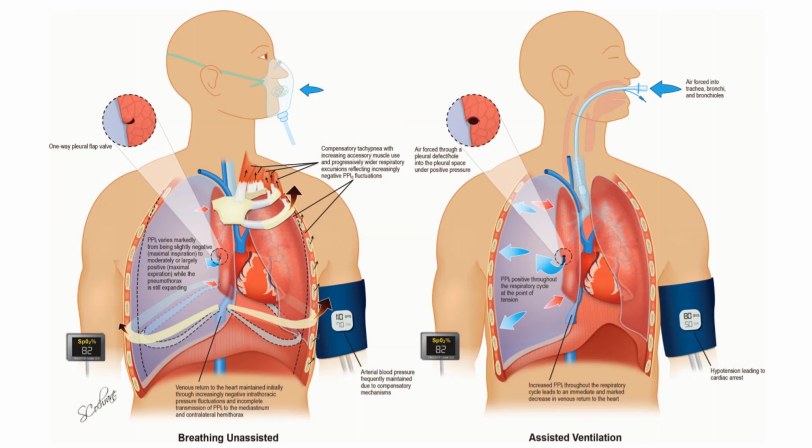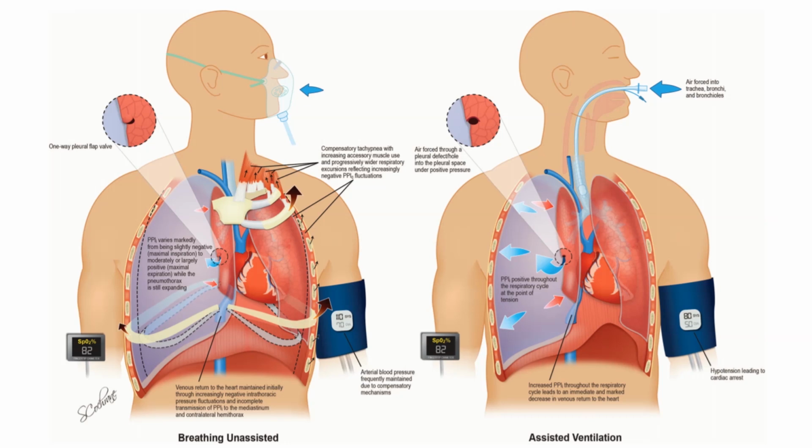If we're talking about a unilateral pneumothorax, which most pneumothoraxes are, they have these very wide respiratory excursions. So they have this negative intrapleural pressure that helps to stave off hypotension, at least for the first few minutes, sometimes hours.